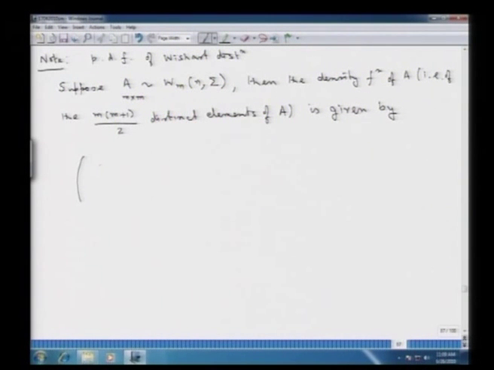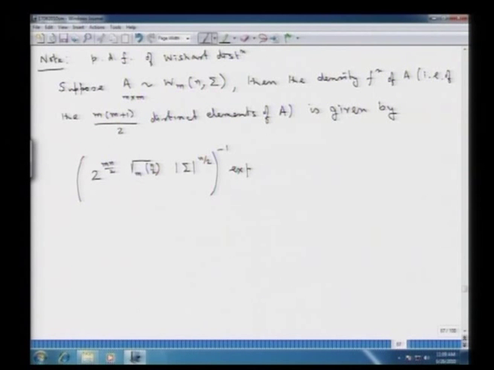So, this is 2 to the power mn by 2. This is a multivariate gamma function, multivariate gamma of order m of n by 2, then determinant of sigma to the power n by 2, whole raised to the power minus half.